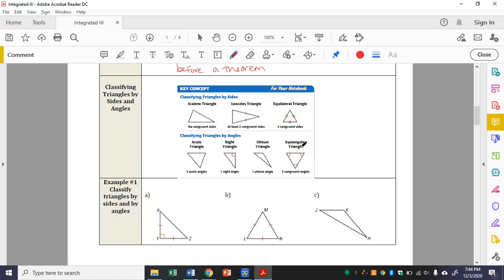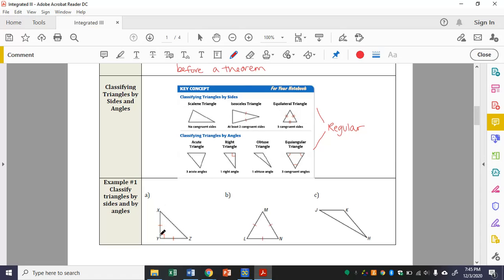And then you have an equiangular triangle. If you know certain angles are congruent, you'll know that by these arc marks. And remember, if we have an equilateral and an equiangular triangle at the same time, we call those regular triangles.